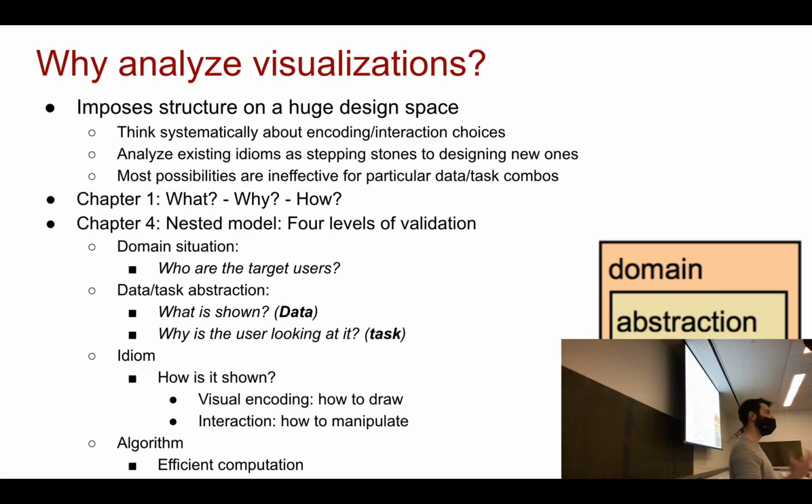The first one is the domain. Who are the people that are going to use your visualization? Are they readers of the New York Times? Is it a 10-year-old? Is it a genomicist who's looking at DNA data?